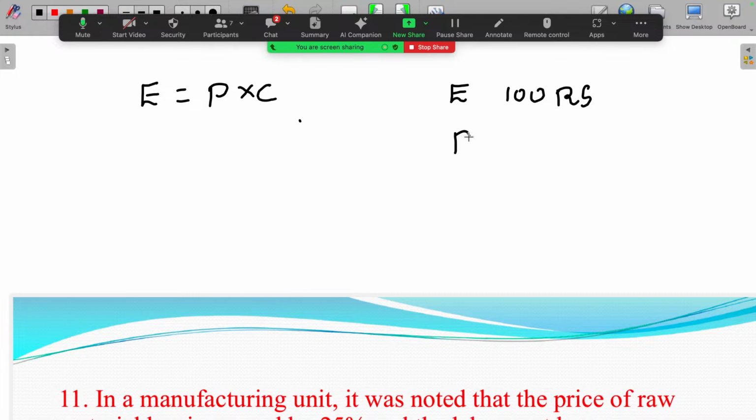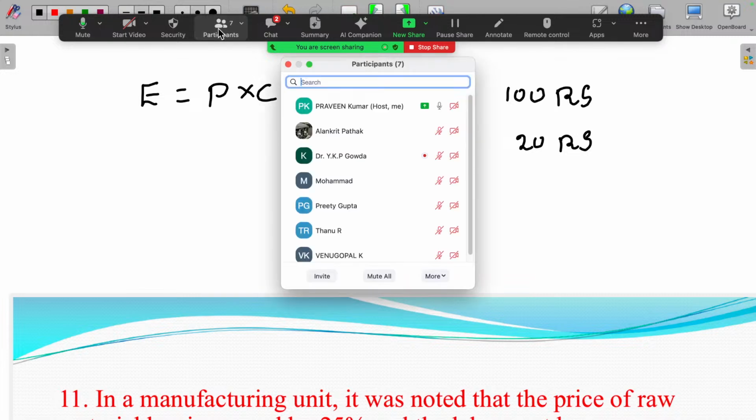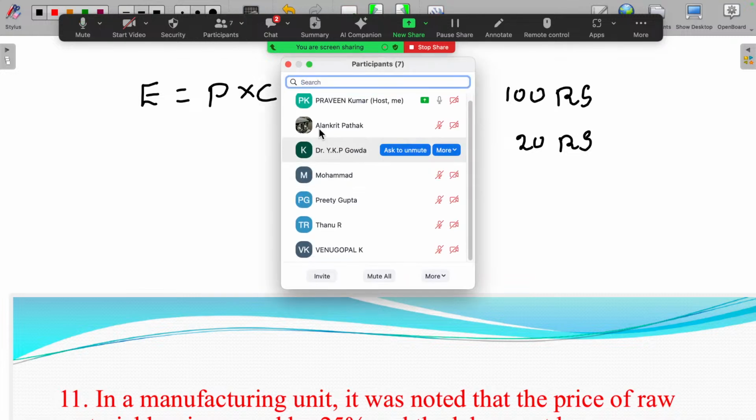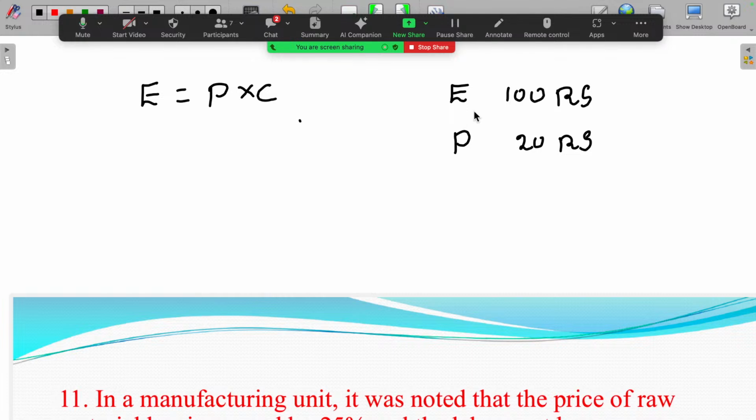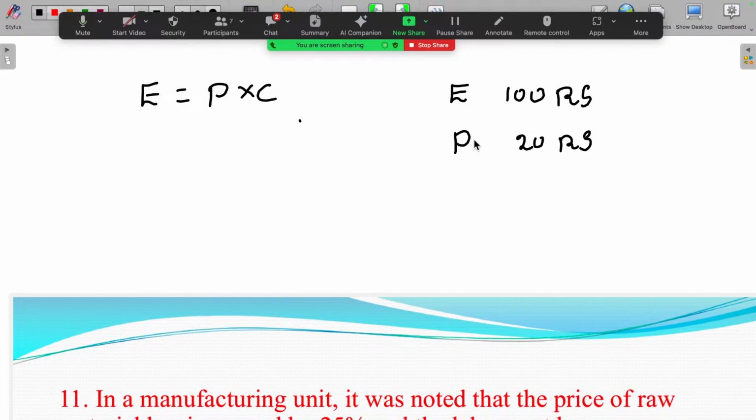If one article's price is 20 rupees, tell me how many articles I may get. Total I am spending 100 rupees, the price is 20 rupees per article. That is 5 articles, right? I will get 5 articles.